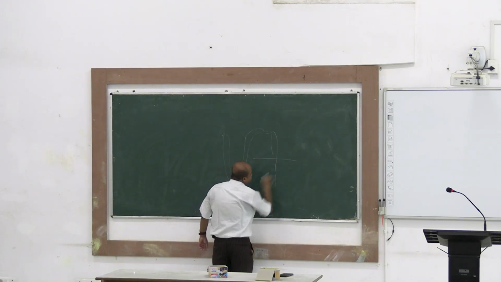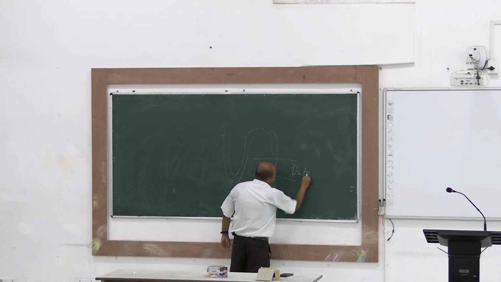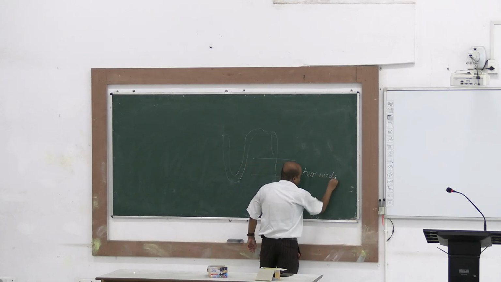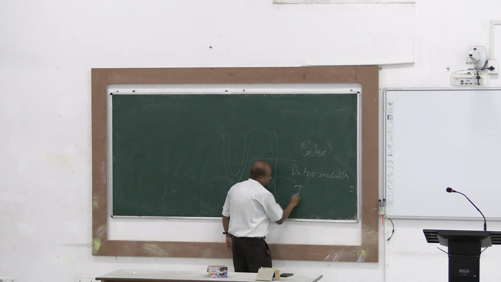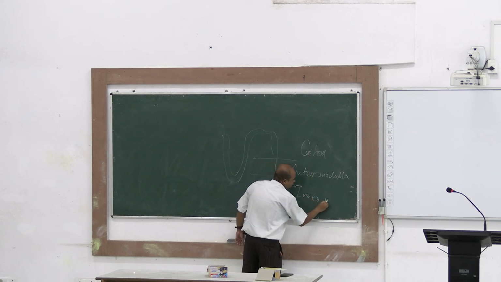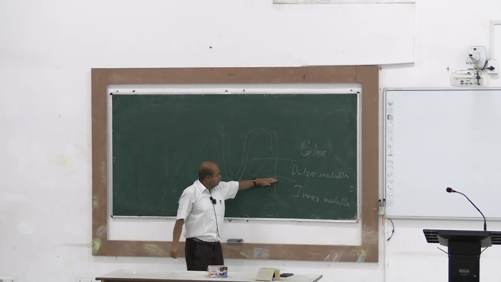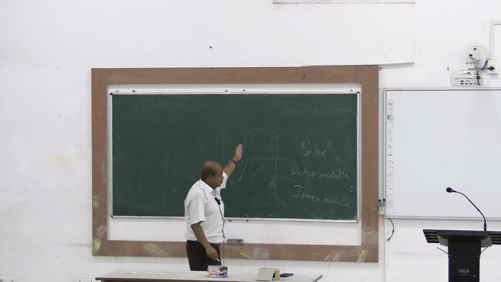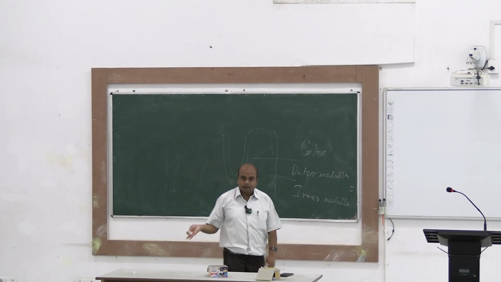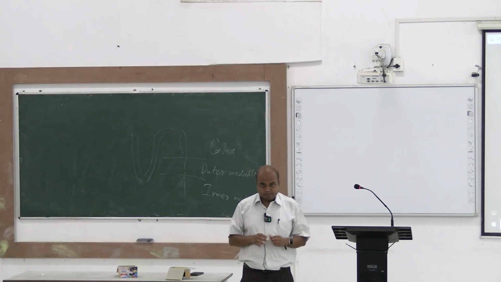Some part will be in the cortex, and this is the outer medulla. Cortex, outer medulla, inner medulla. Whatever is in the inner medulla is called the inner medullary collecting duct.